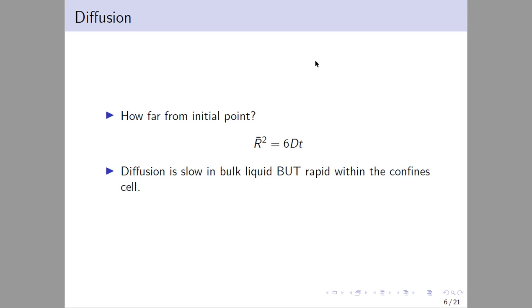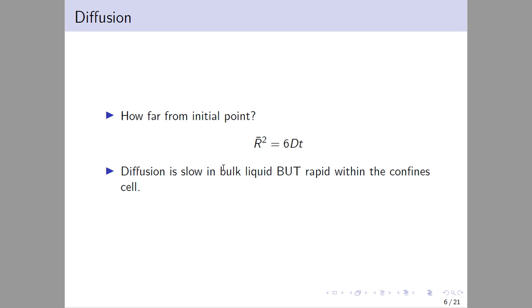Because of the Brownian motion, the movement is random. The length of movement of the molecule can be calculated using this equation: R squared equals 6Dt, where D is the diffusion constant and t is the time. So we can estimate where the molecule is at time t from the initial point.